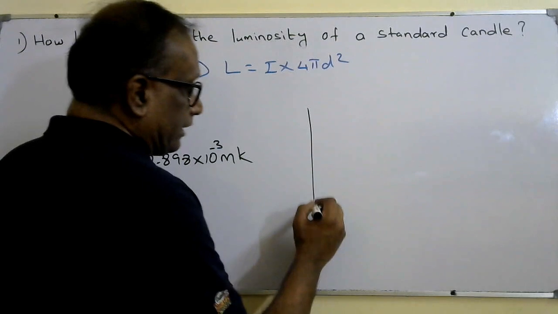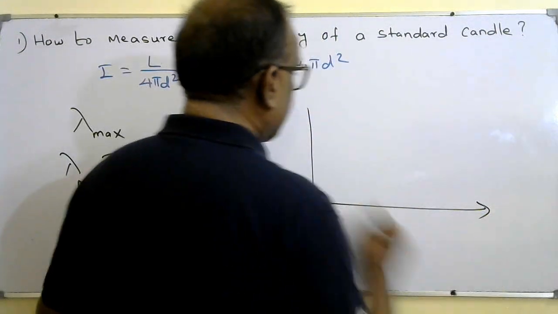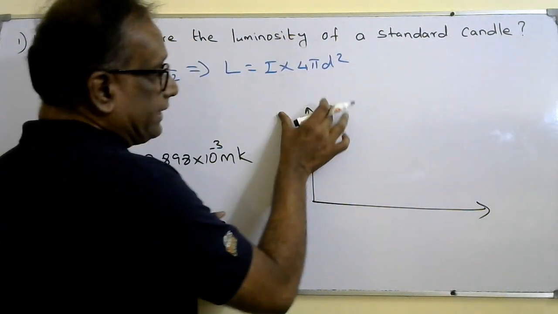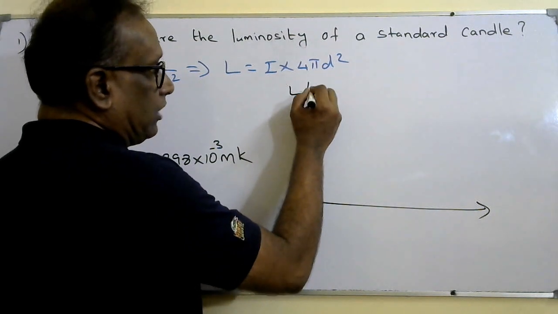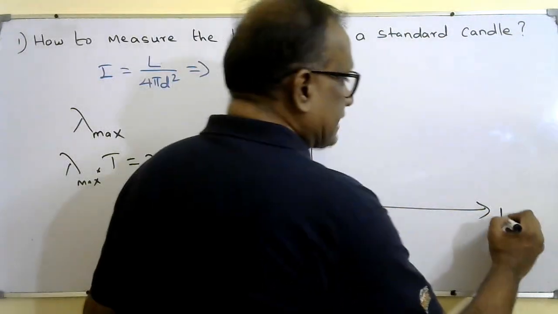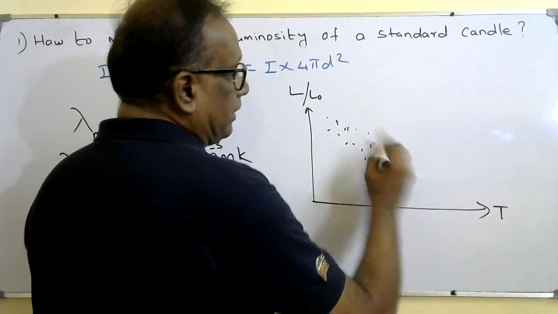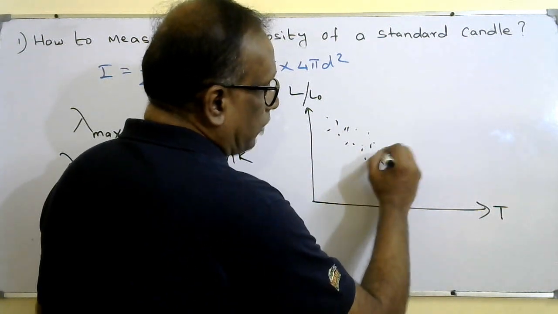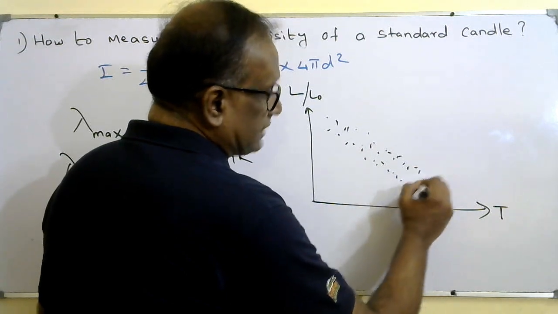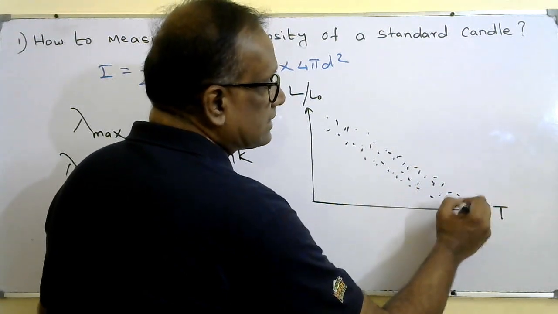In the HR diagram, the y-axis is relative luminosity, L over L naught, and the x-axis is temperature. It's not a proper graph; the main sequence is shown on a wider region. That's a problem, and it gives a larger uncertainty.